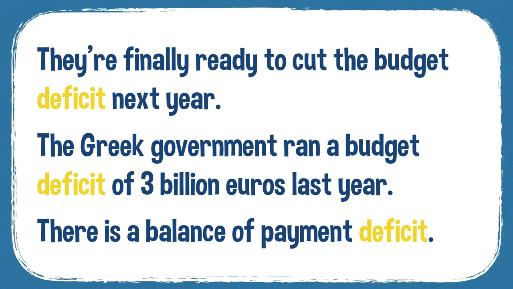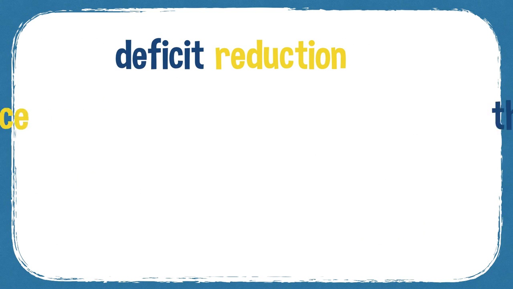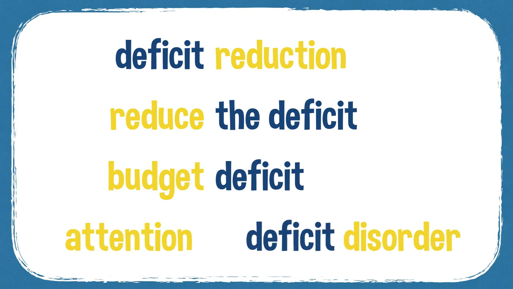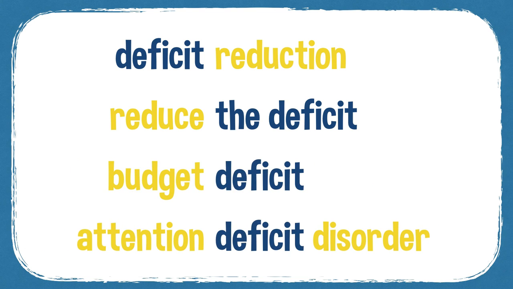A balance of payment deficit is when a country has more imports than it has exports. So there's kind of more products coming into a country than going out. Talk about deficit reduction, reduce the deficit, budget deficit. And this last one is attention deficit disorder.